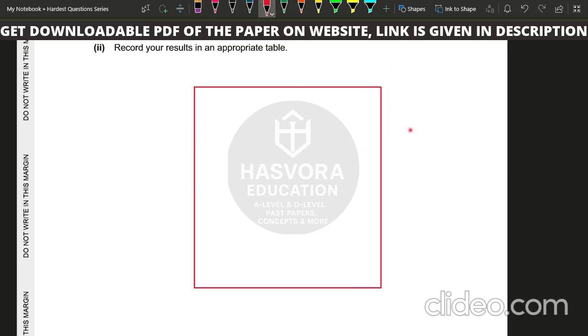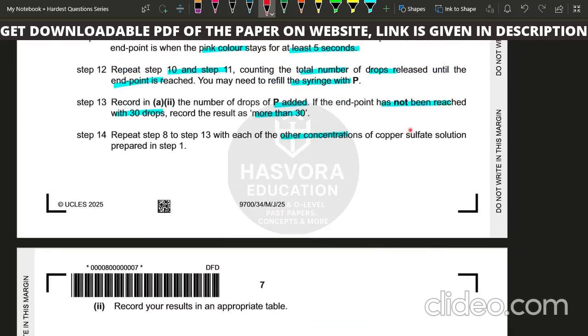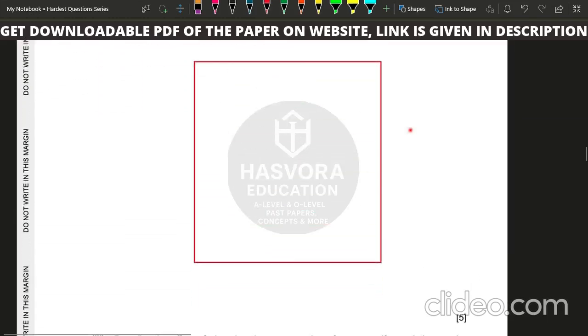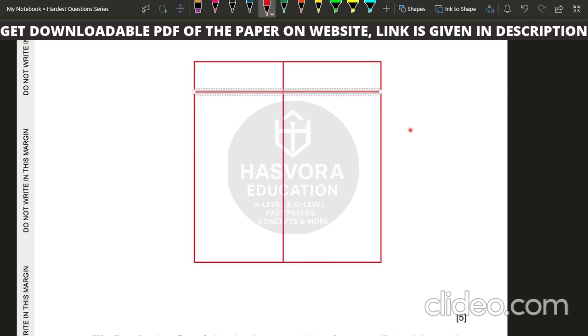Then you have to make 2 columns, one for the different concentrations of the copper sulfate, and also one for the drops that are needed, because they have told you to record it in part A 2. So I will make a line in between to make 2 columns, and one row will be for the headings, and then we have 5 concentrations, so I will have 5 rows.